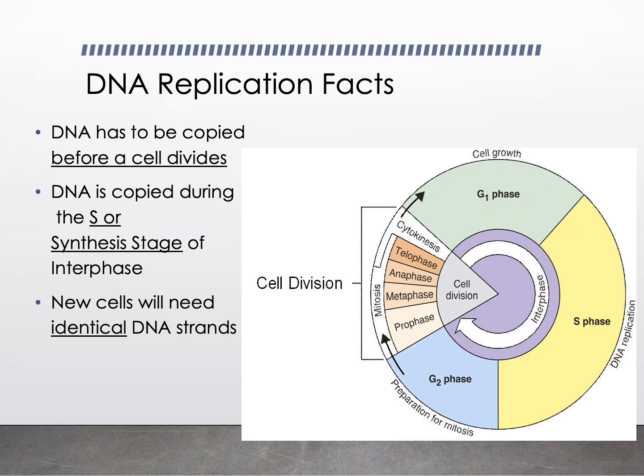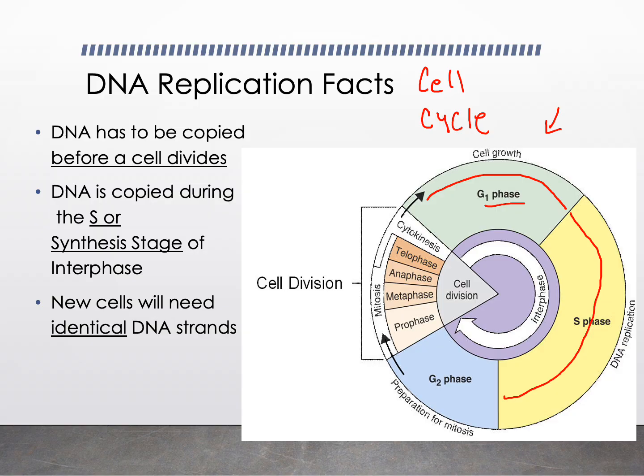As we take a look at DNA replication, let me get the pen, we need to look at the cell cycle. And this diagram is representing the cell cycle. The cell cycle, in other words, the whole life of the cell, we have a growth phase, which we'll call G1 phase, continuing through an S phase, which is known as synthesis.